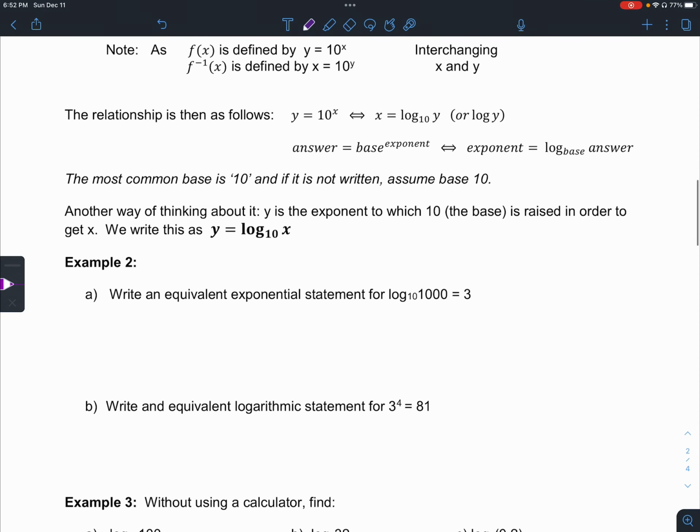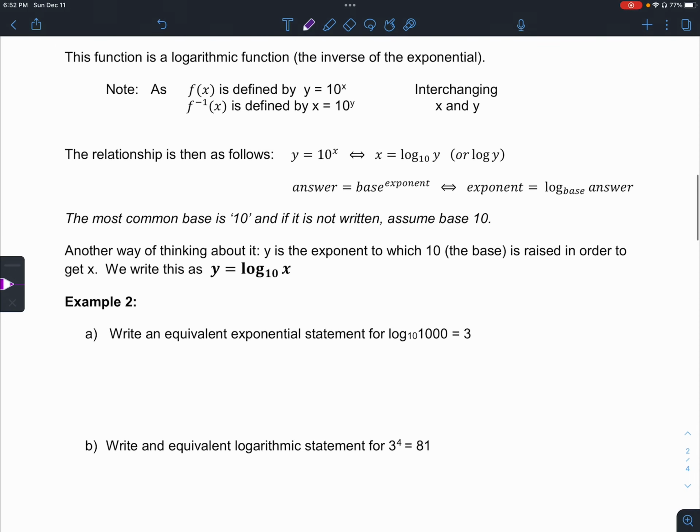All right, so the way we think about this is 10 to the exponent of what gives us 1,000? Okay, so 10 to the exponent of 3 gives us 1,000. So the way we can write this in exponential form would be 10, the base, to the exponent of 3 is equal to 1,000.